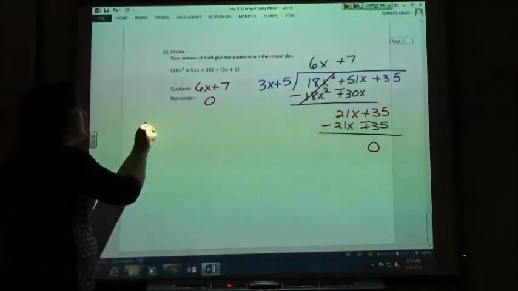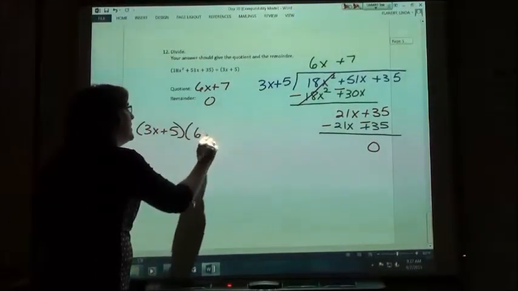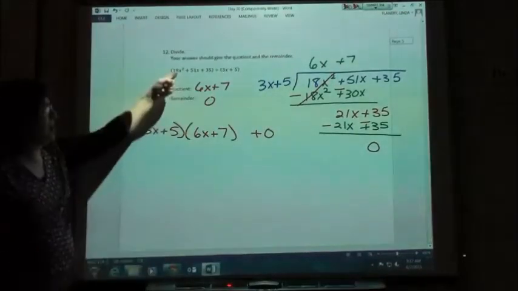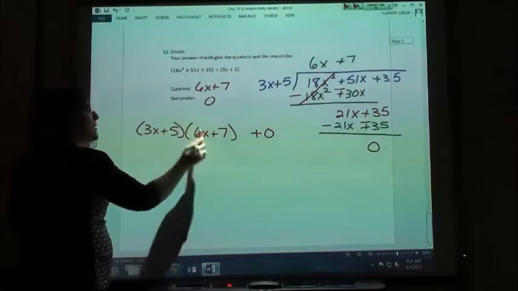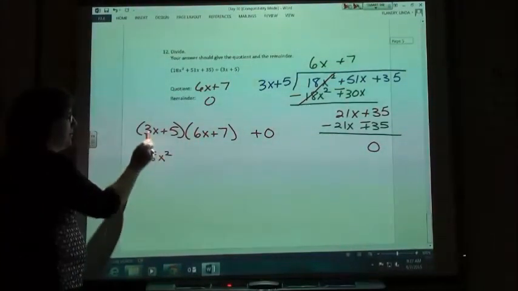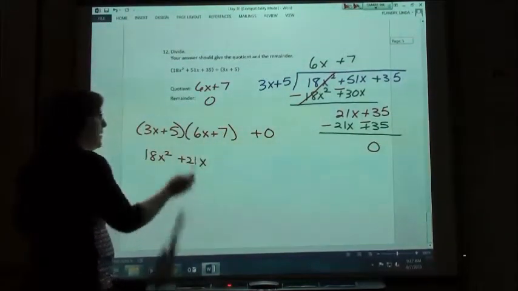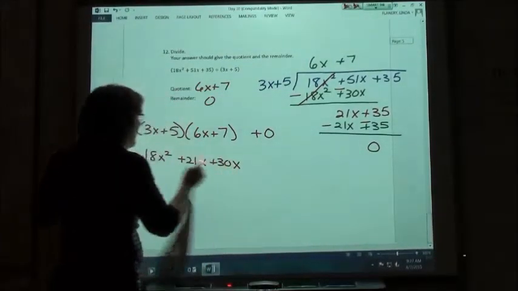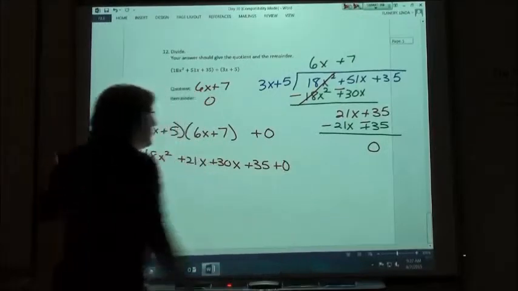So that means if I took 3x plus 5 times 6x plus 7 and I added 0 to it, I should get this, right? So 3x times 6x would be 18x to the second. 3x times 7 is 21x. 5 times 6x is 30x. 5 times 7, 35, plus my 0.